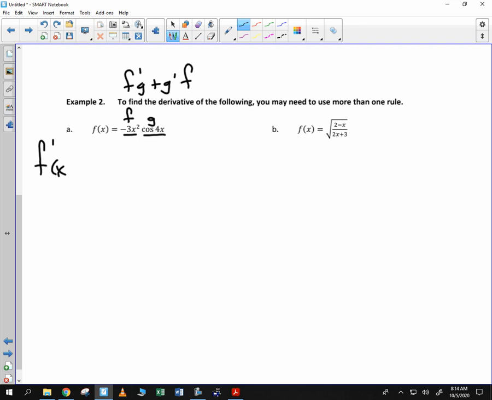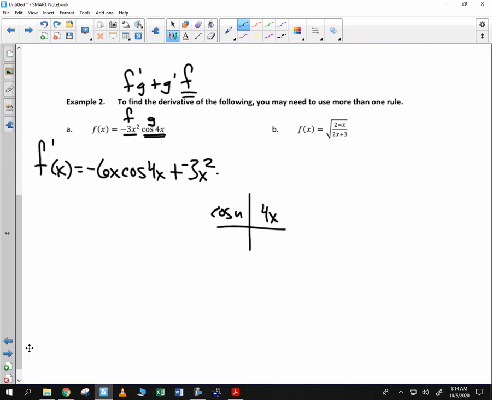So the derivative of f is negative 6x times the cosine of 4x. And now I have plus, I'm going to now write f, which is negative 3x squared, times, we need the derivative of cosine of 4x. Going to have to use the chain rule. I have cosine of u, and I have 4x.